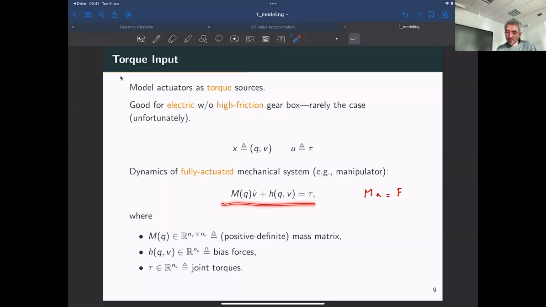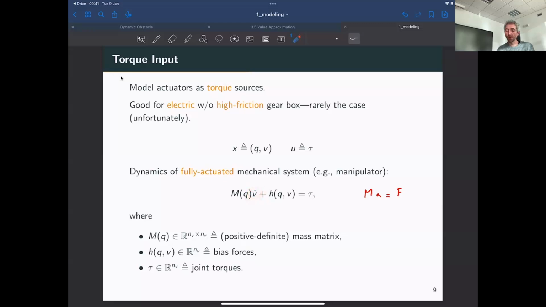So this is an NV-dimensional nonlinear differential equation, which describes the relationship between the joint torques, which are generated by your motors, your actuators, and the acceleration of the joints.